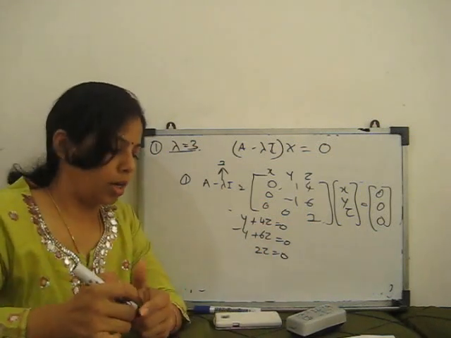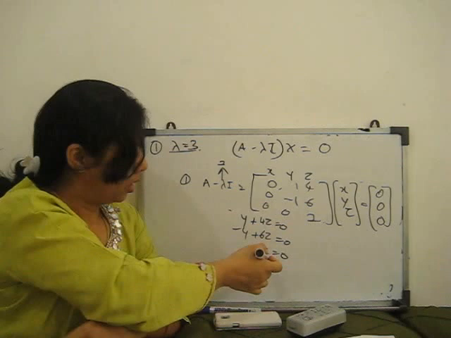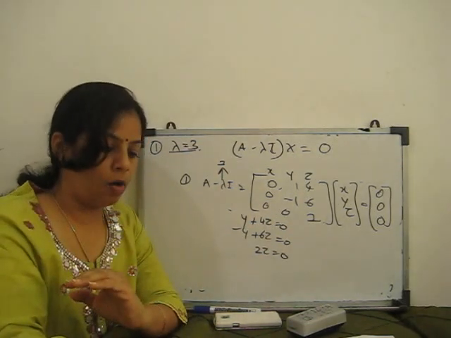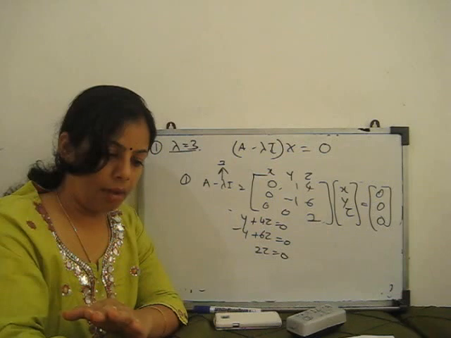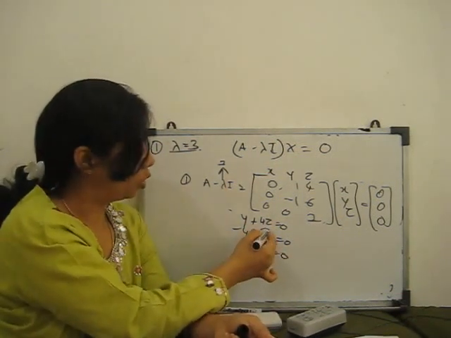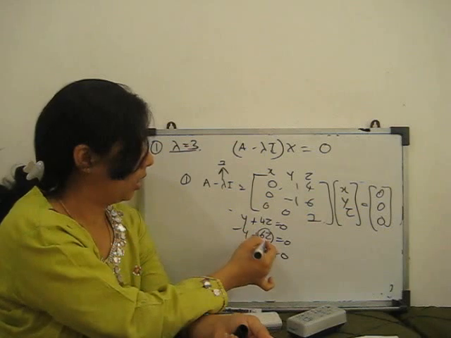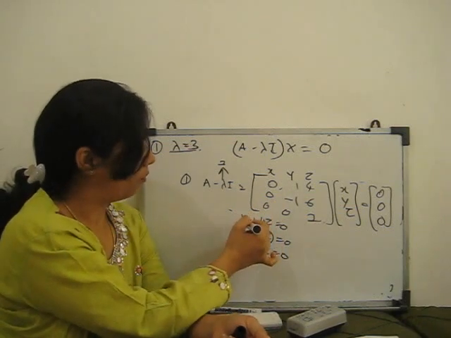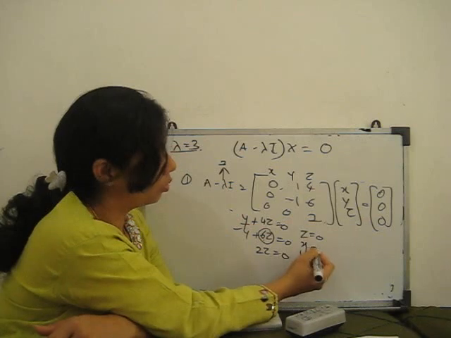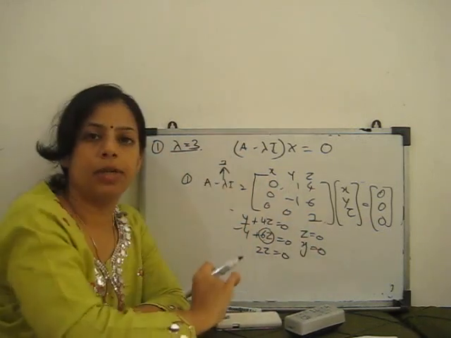So z equals 0, and when you substitute z equals 0 here, it gives y equals 0. So z equals 0, y equals 0, and x we don't have.